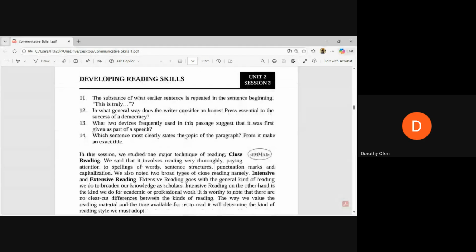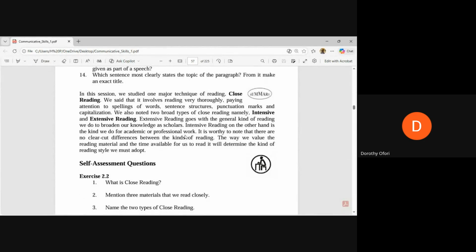Okay. Now we are done with section 2. We looked at the third technique or the third way of reading, that is close reading, where we pay attention to a word. We read with the idea of getting understanding. Then under close reading, we looked at extensive and intensive.